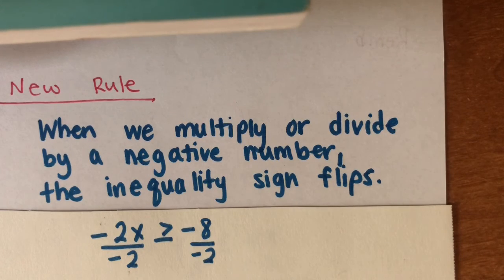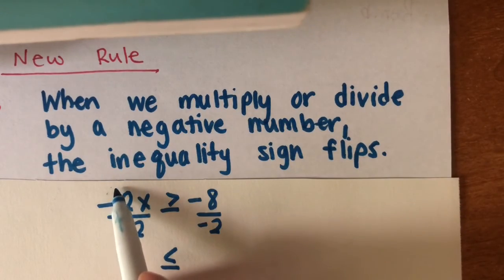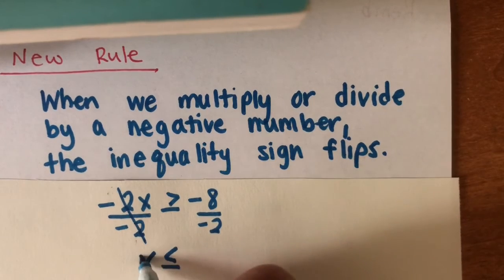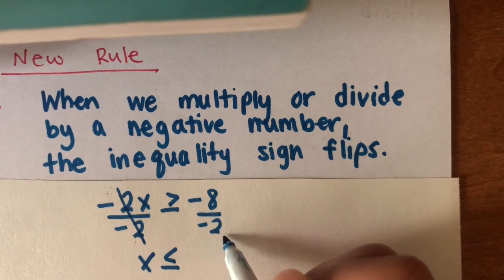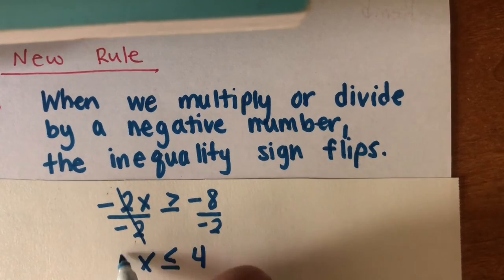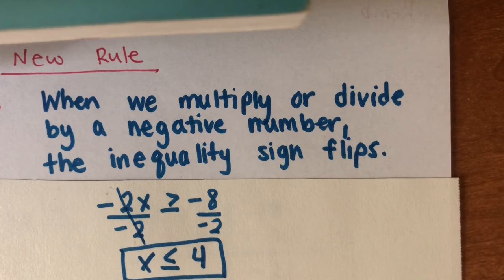And if I divide by a negative number, I need to flip my inequality sign. So this greater than or equal to sign becomes a less than or equal to sign. So that's something that we need to follow. So for this example, these cancel out and I'm left with x is less than or equal to negative 8 divided by negative 2, which is positive 4. So that's what that looks like. So that's something we need to keep in mind when we multiply or divide by a negative number.